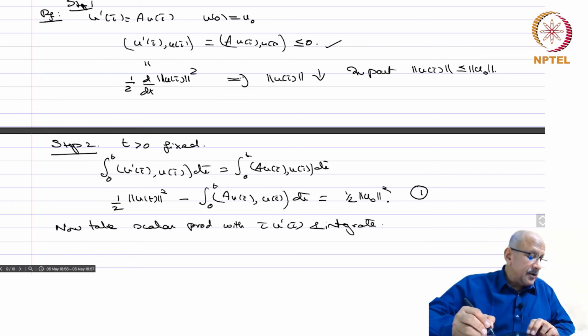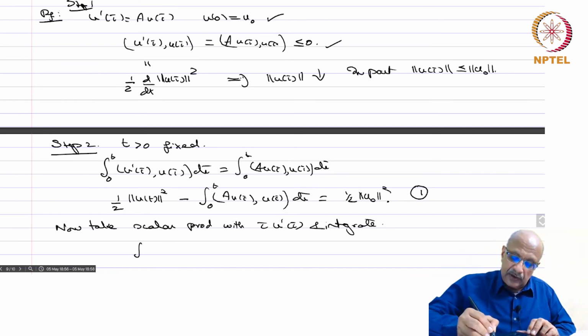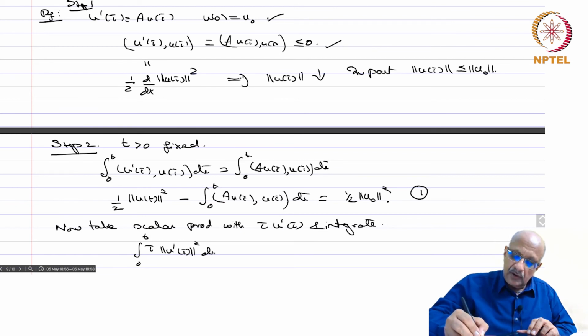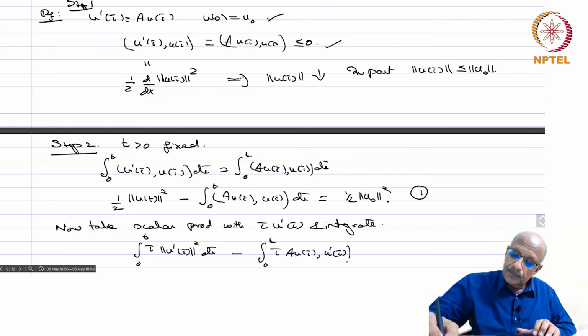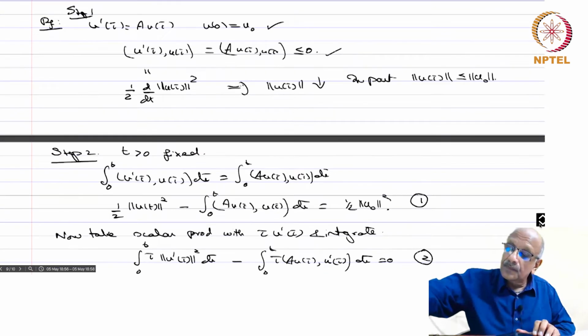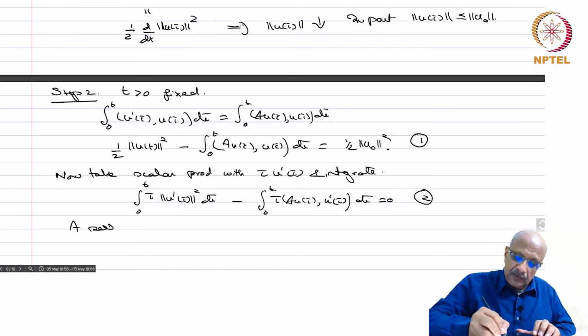So, then you get, if you take the scalar product of this equation with tau u'(tau) and integrate, you get the integral from 0 to t of tau norm u'(tau) squared d tau minus the integral from 0 to t of tau A u(tau) u'(tau) d tau equal to 0. Let me call this as 2. Now A is self-adjoint, we are going to use that. We have used the dissipativity already, we have to use the self-adjointness.